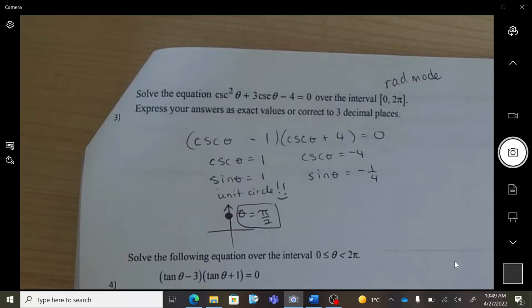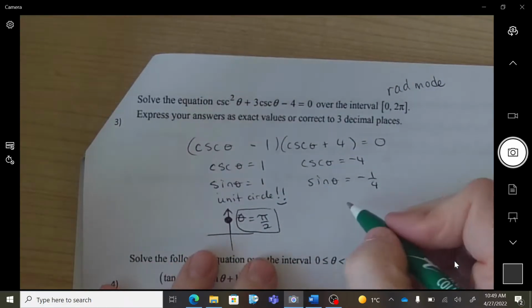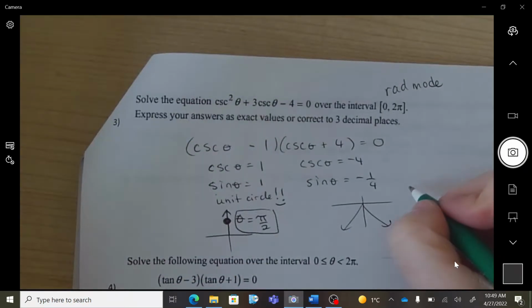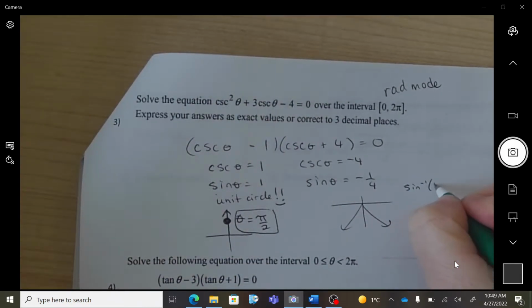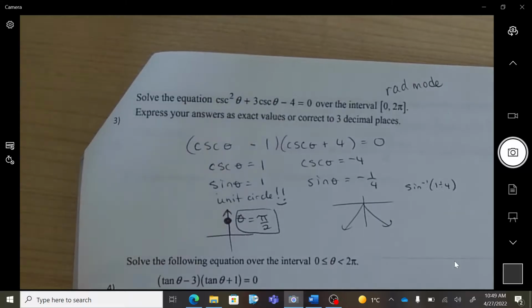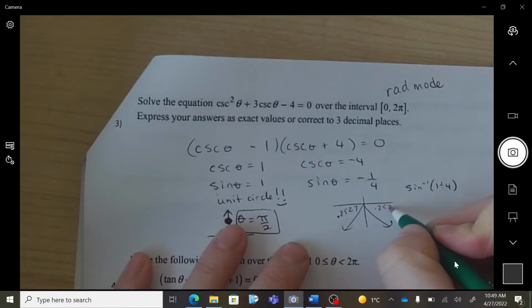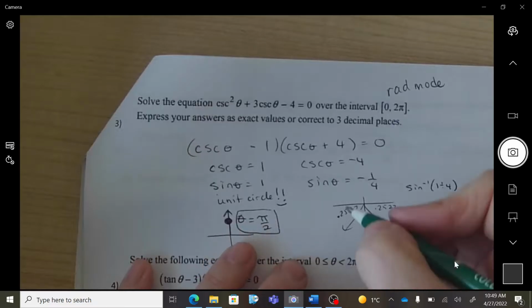And in here, this is not on a unit circle, so quadrants, where sine is negative. I'm going to sine inverse with using 1/4, and I get 0.2527. Okay, I'm just leaving it on my calculator.